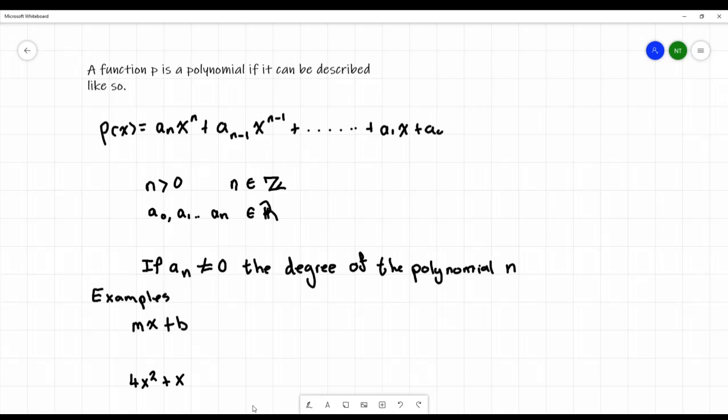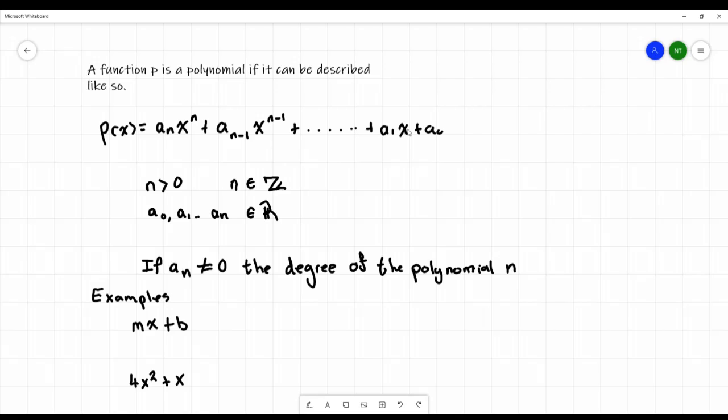A function is a polynomial if it can be described like so: a_n x^n + a_(n-1) x^(n-1) + ... + a_1 x + a_0.